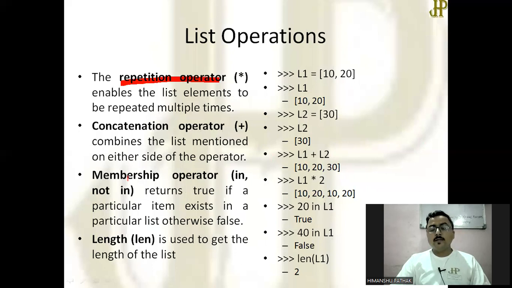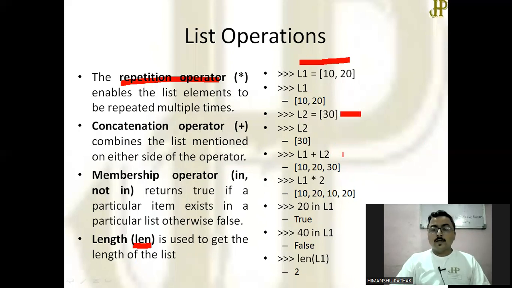Membership operator will check whether the element is present in the list or not. The len function will give the length of the list. Here, the first list is L1, with 2 elements. Again, the second list is L2, with only 1 element, 30.